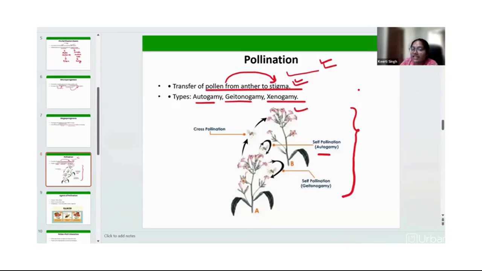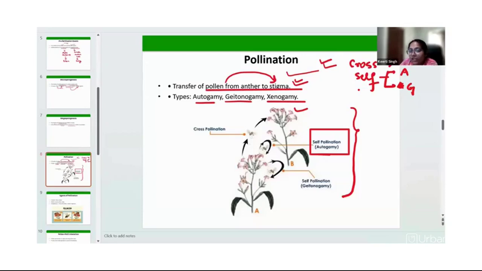It is known as self-pollination. Okay. So actually, in broad terms, we can say pollination is of two types: cross and self. This self will have two, autogamy and geitonogamy, and this cross pollination will be known as xenogamy.